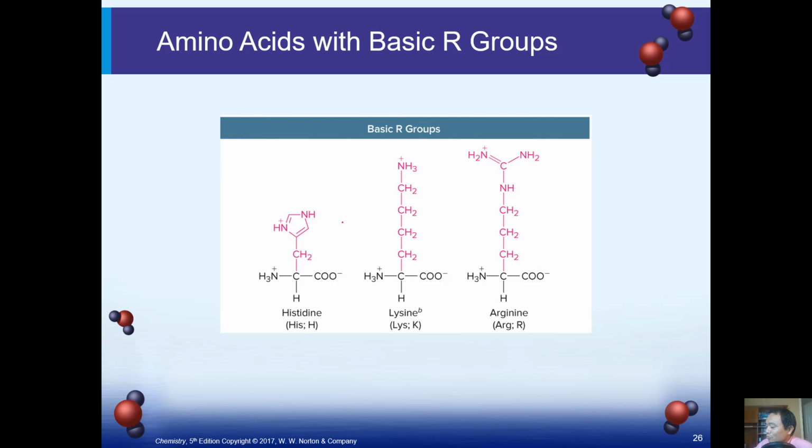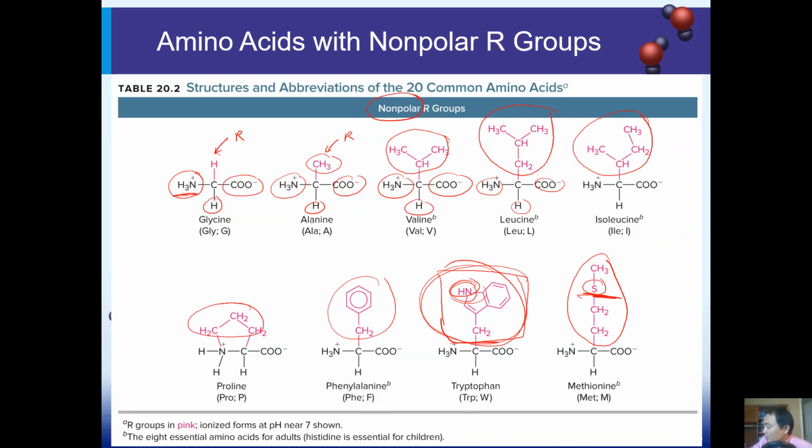Basically, you have some different amine groups over here. Amine means nitrogen connected with a certain number of hydrogens. Okay, you see amine, you see amine. This is arginine. You have three NH groups over here. Do remember for these three, don't confuse that with tryptophan. Tryptophan also has NH over here, but this is not a basic side group.